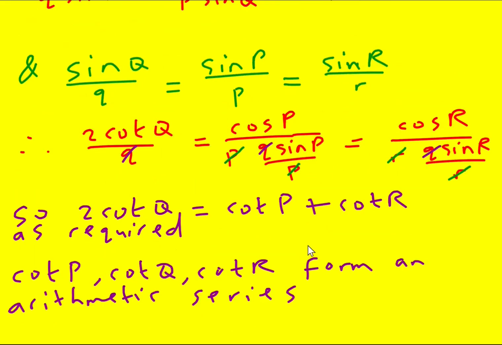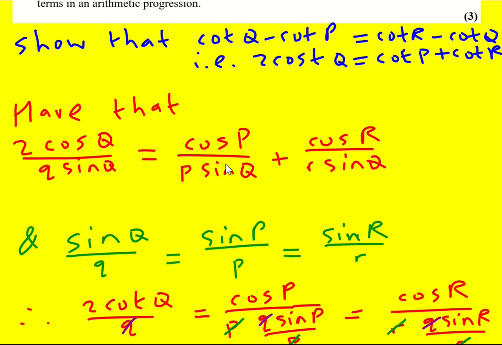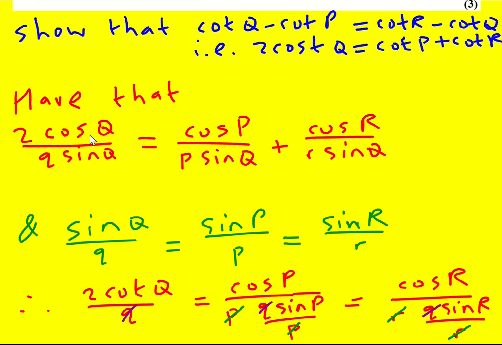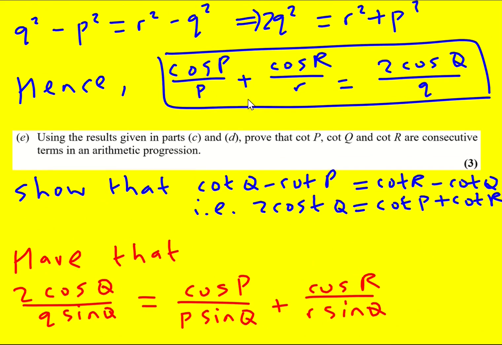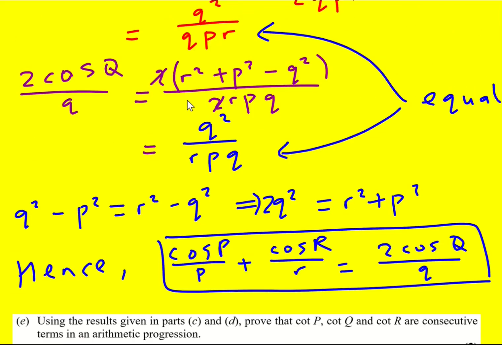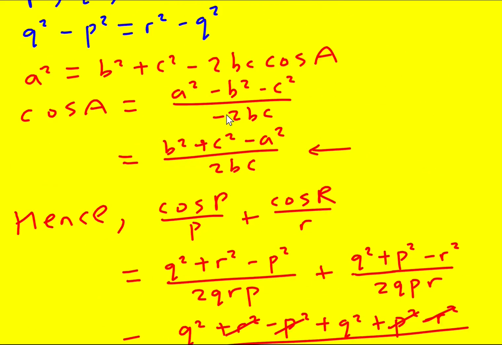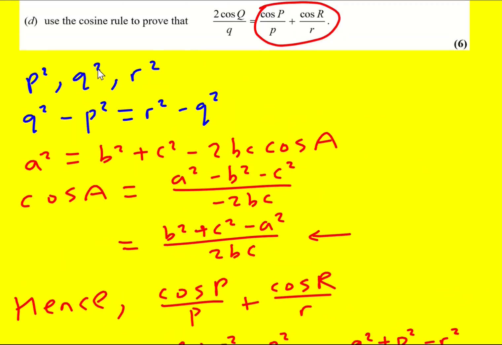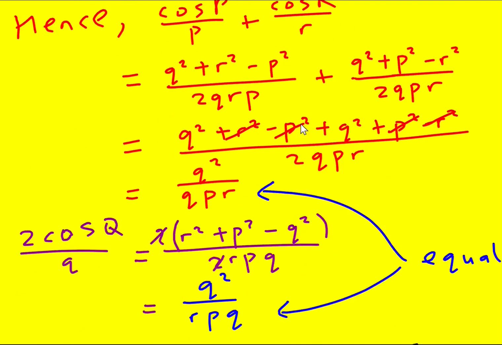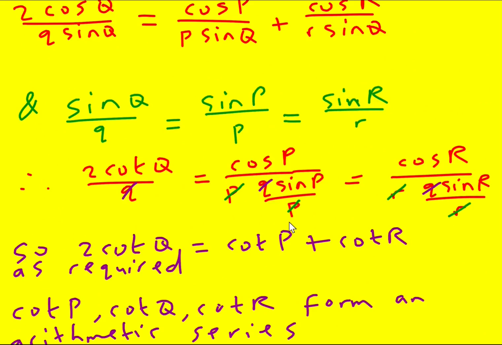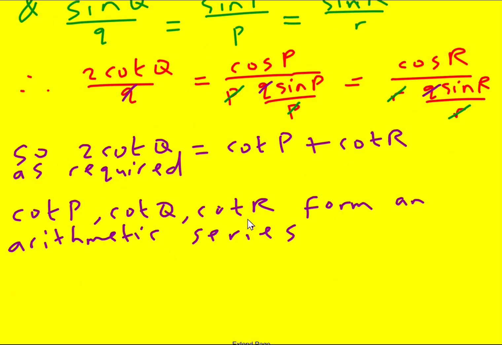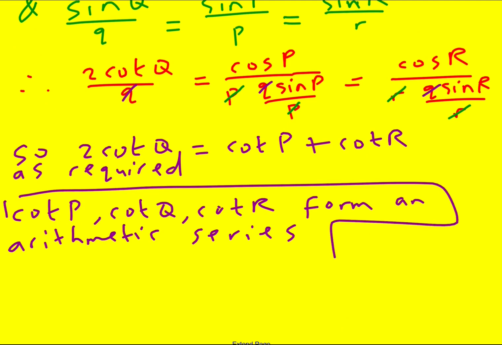There's other ways of doing this last little part. I think this is a really solid method, though. You know, managing just to take the equation that we formed from, if you remember, p squared, q squared, and r squared being an arithmetic progression. We used the cosine rule to get to this. Using the sine rule as well led us to this, and therefore we can conclude that we have an arithmetic progression. Nicely done. Well done.